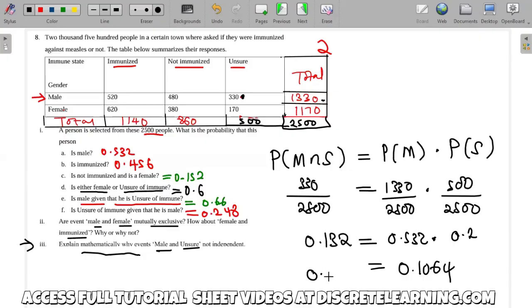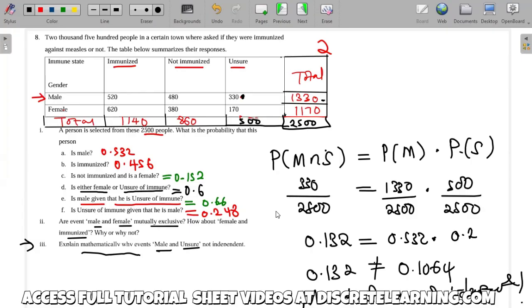And you see that this part and this part are not equal. So if this part is not equal to this one, then we have explained mathematically that the male and the unsure are not independent. Any questions there? I hope you're understanding it.